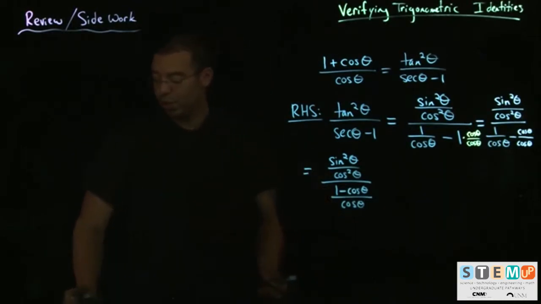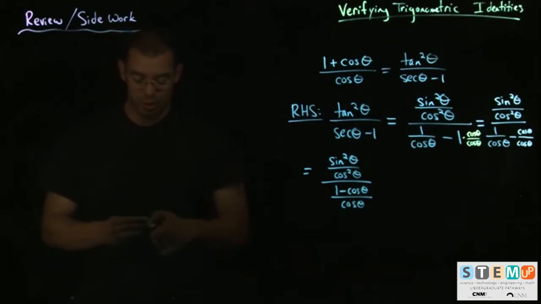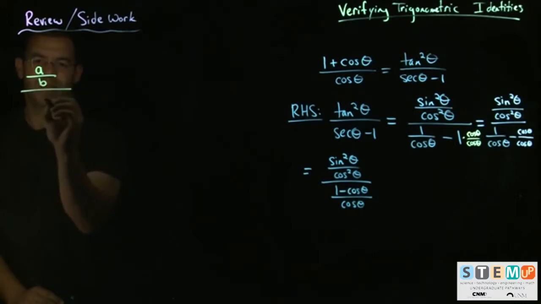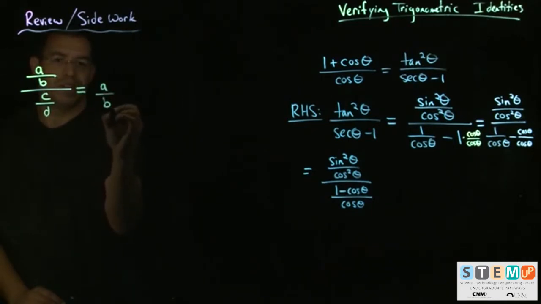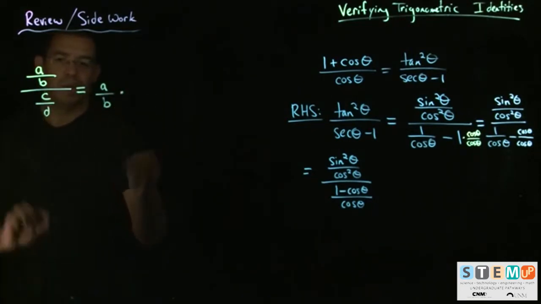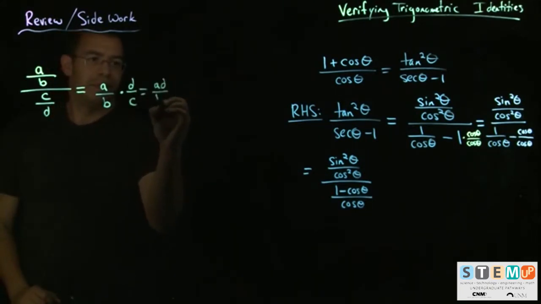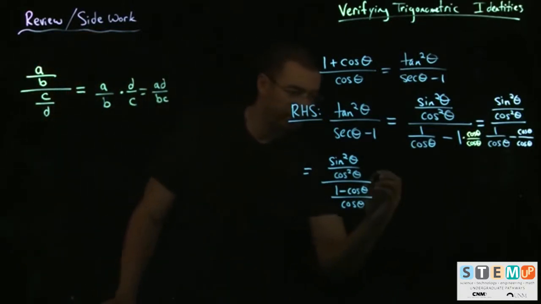And let's do a little review really quickly. So remember that if you have some number a divided by b, which is divided by c over d, we keep our numerator the same, and we multiply by the reciprocal of this denominator. So let's go ahead and give that a try.